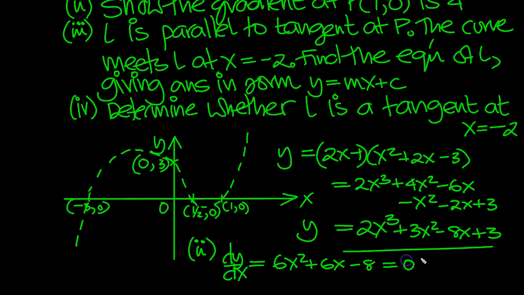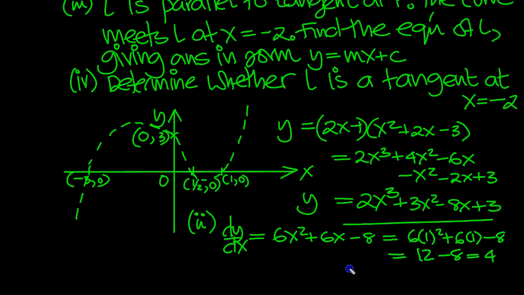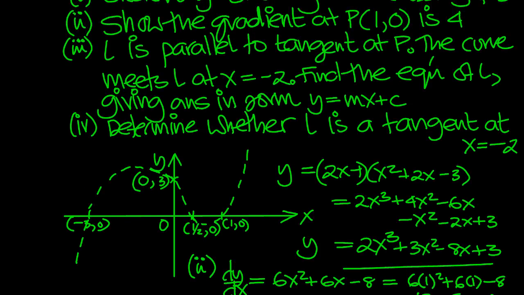Now when x is 1, put it in: 6 times 1 plus 6 times 1 minus 8 equals 12 minus 8. 6 plus 6 is 12, take 8 is 4. So we can say now that the gradient when x is 1 is 4.